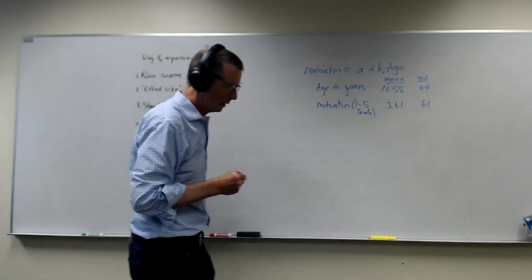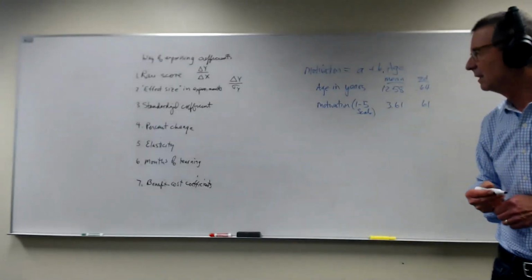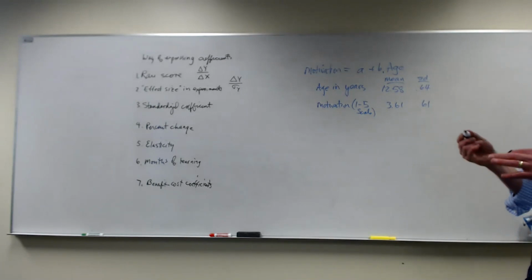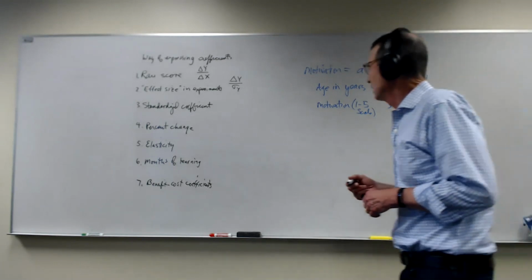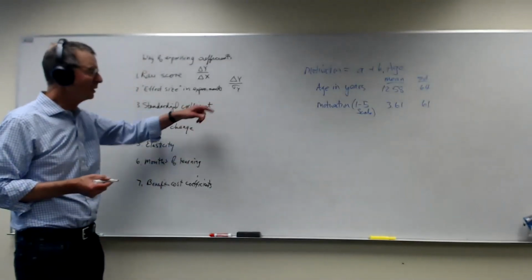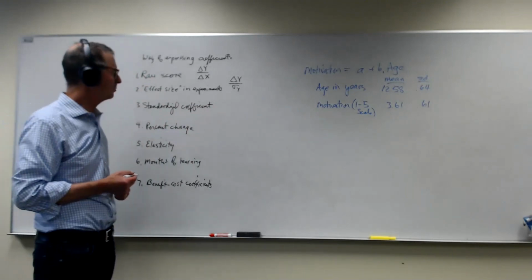That puts it in a metric that education people and developmental psychologists use a lot. There are rules about what constitutes a big effect size, the so-called Cohen rules, where 0.8 of a standard deviation is a big effect, 0.4, I think, is a medium effect, and 0.2 is a small effect.